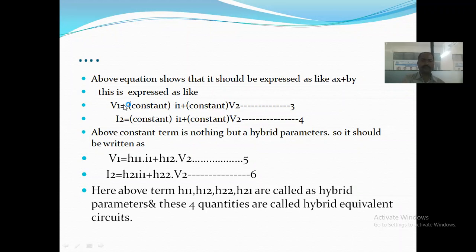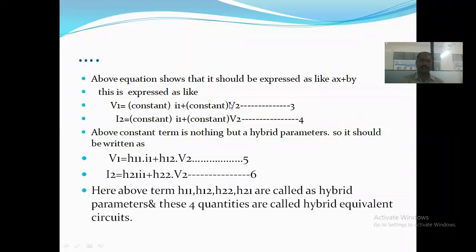This will be related to phi1, and I2 is the second parameter. We know that phi1 and I2 are the dependent parameters. So phi1 is one constant term with respect to current I1 plus another constant term with respect to phi2.